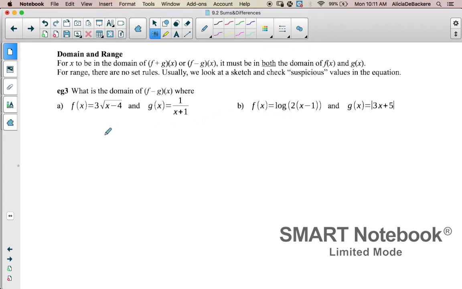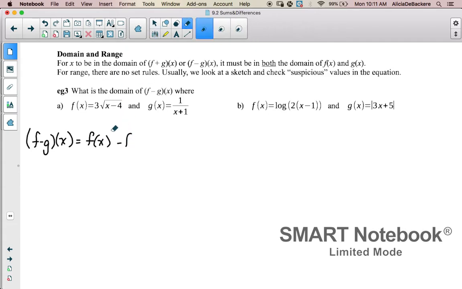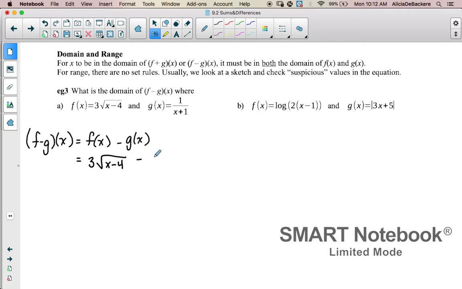Now, again, I just want you to see some practice with algebra. So I am going to write down the algebra for f minus g of x. And again, that means f at x minus g at x. So I've got 3 root x minus 4 minus 1 over x plus 1. And this I can simplify a little bit.